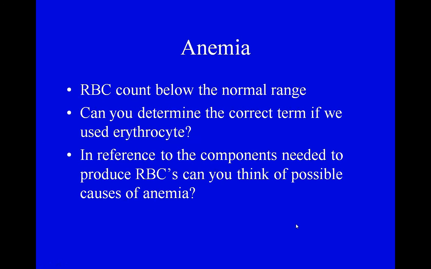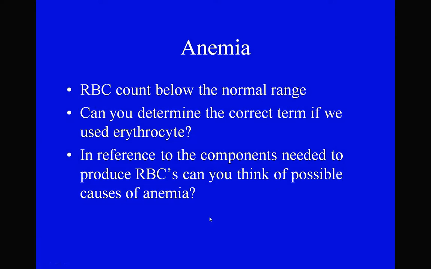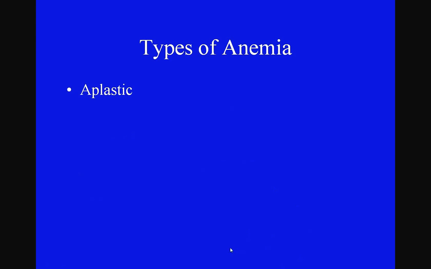And in reference to the components needed to produce red blood cells, can you think of some of the causes of anemia? So this is types of anemia. Aplastic. Sorry, I'm going to give you a second just to find that part in your notes. Aplastic is a term we don't hear that often, and it's not that common of a cause of anemia.